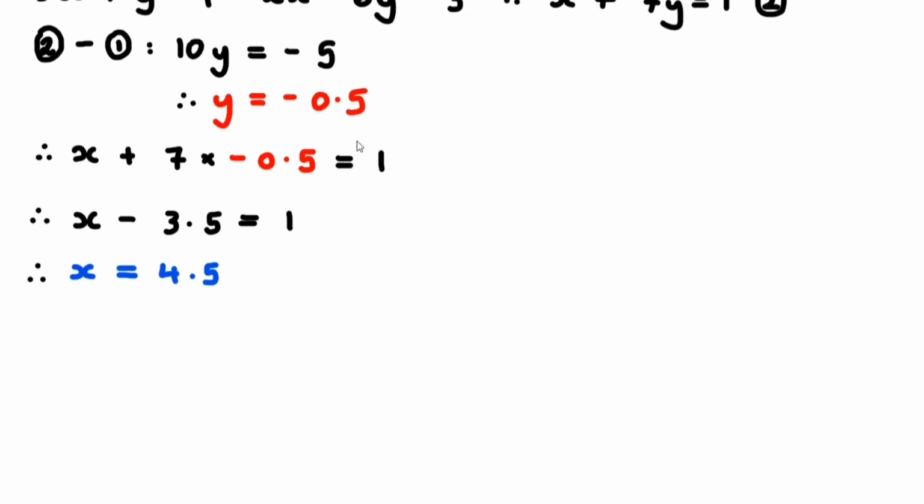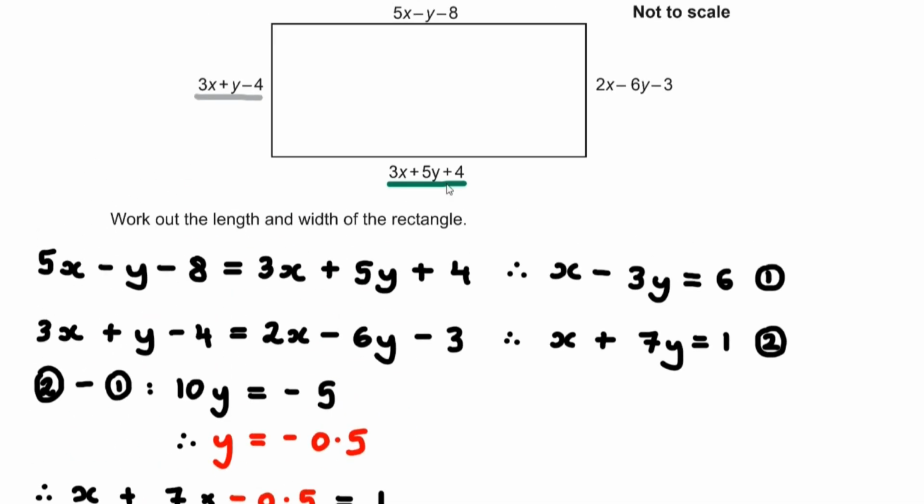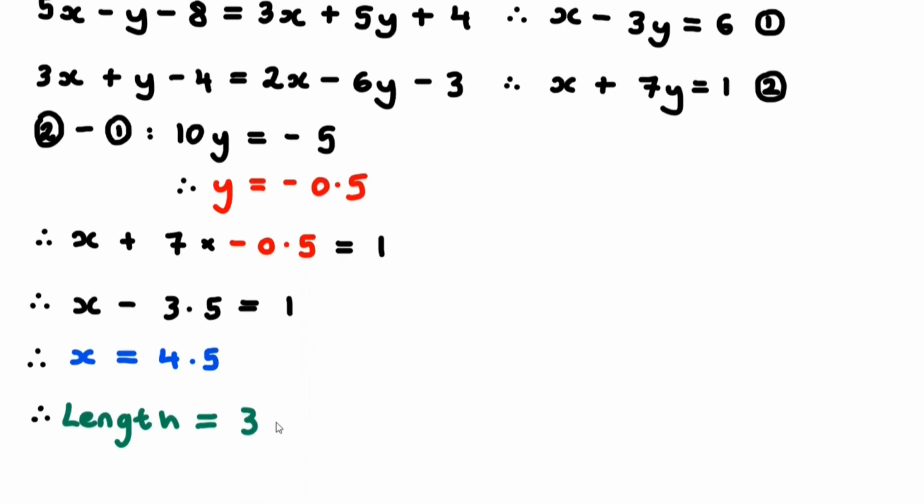So, for me to work out the length, that's equal to, well, I've got 3x plus 5y plus 4, so I've got 3 multiplied by 4.5 plus 5y, so that's 5 multiplied by negative 0.5 plus 4, and if I work out what this is equal to, I get 15.